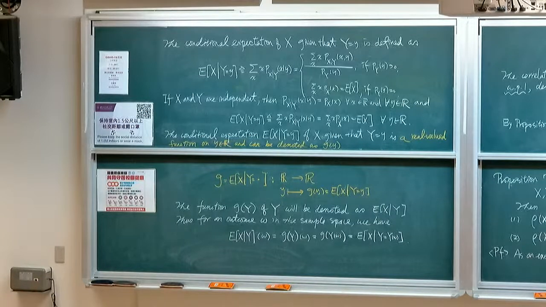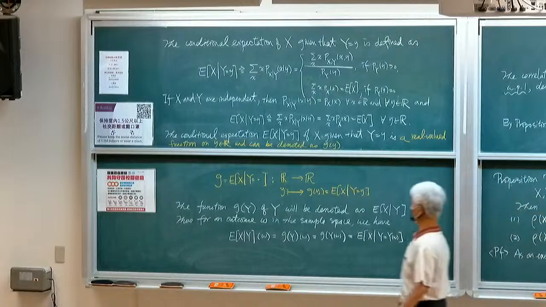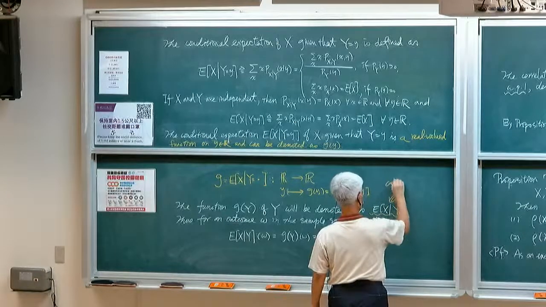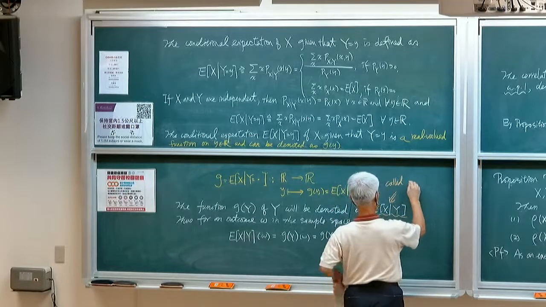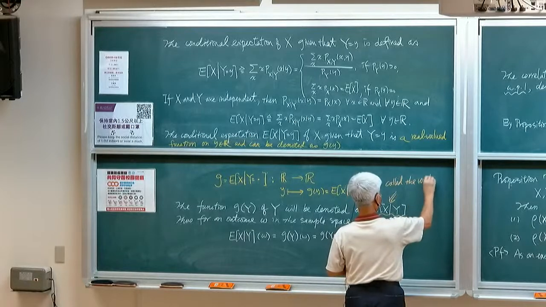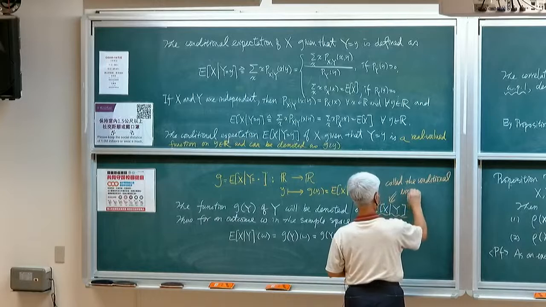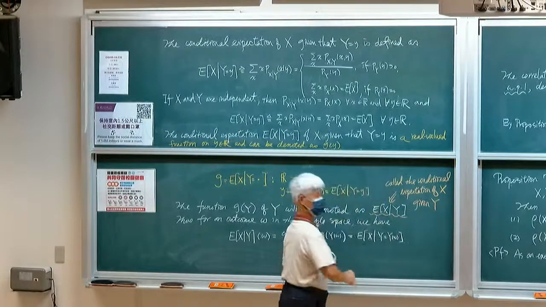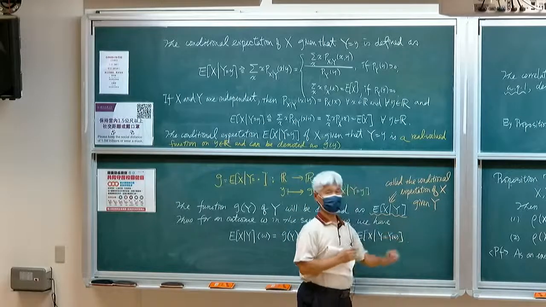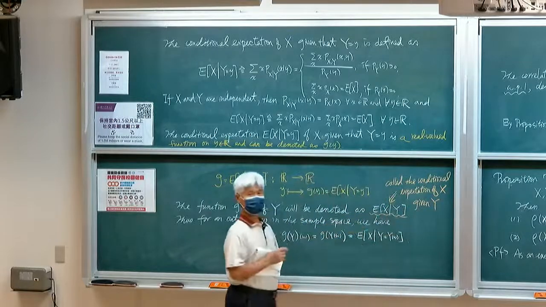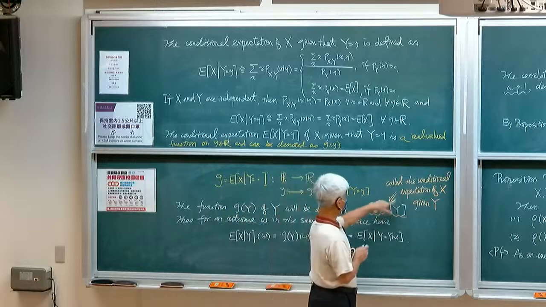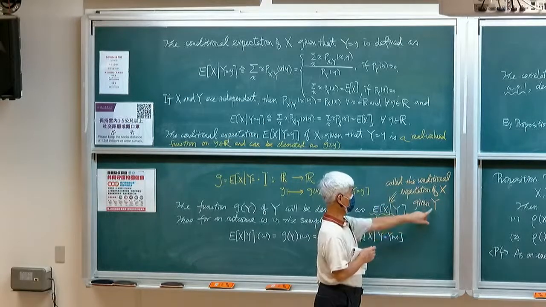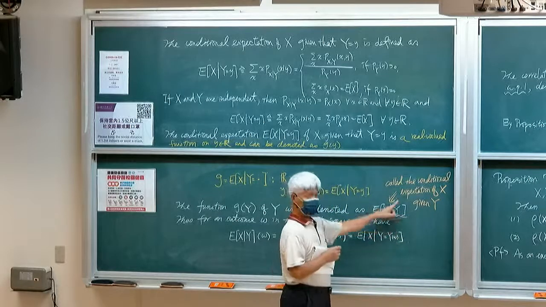And we will call this one the conditional expectation of X given Y. Given Y only, not given that Y equal to little y, no. Just given Y. This is a notation, and it is called by this name: the conditional expectation of X given random variable Y. What is the nature of this?